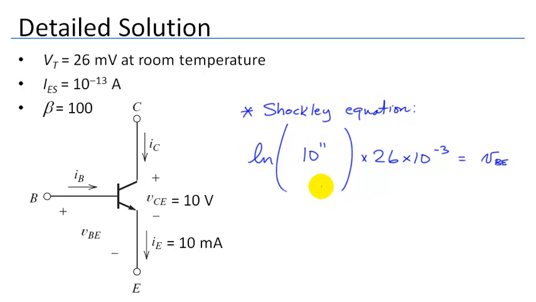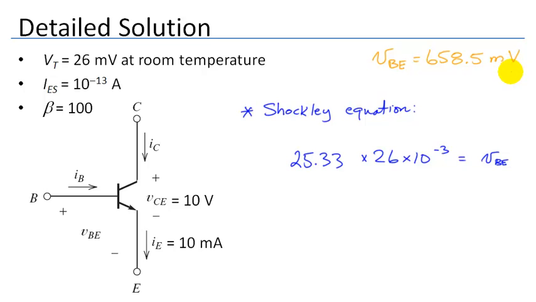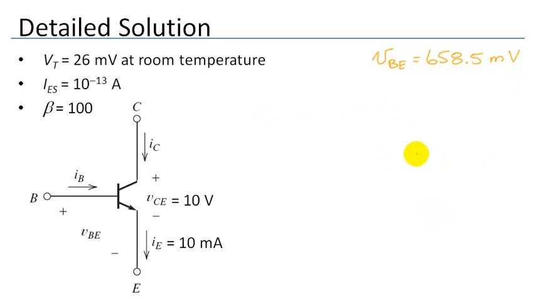This evaluates to 10 to the 11th power, so natural log of that is 25.33. And from this we find that VBE is 658.5 millivolts, just under 0.7 volts. And that value is actually typical for an NPN transistor.